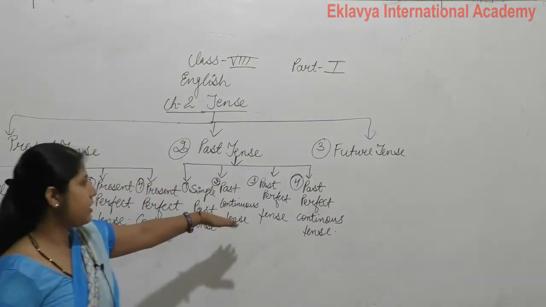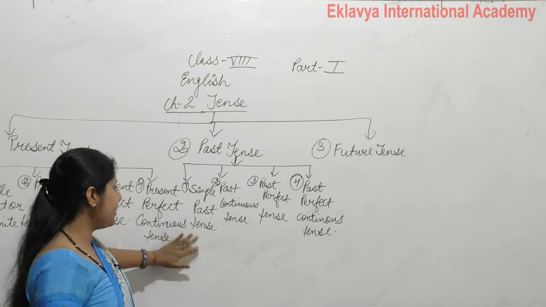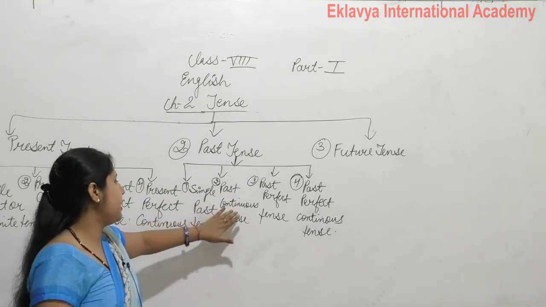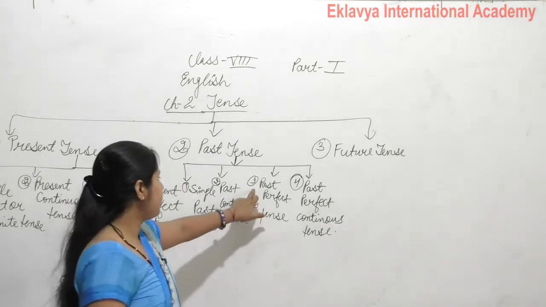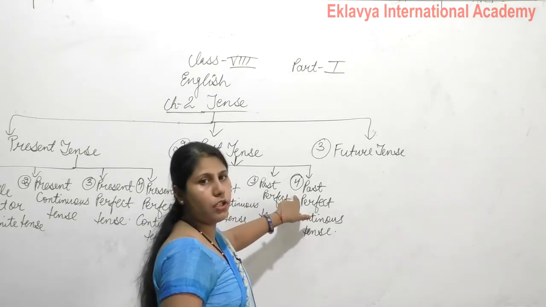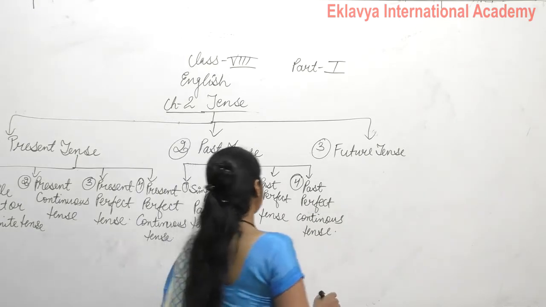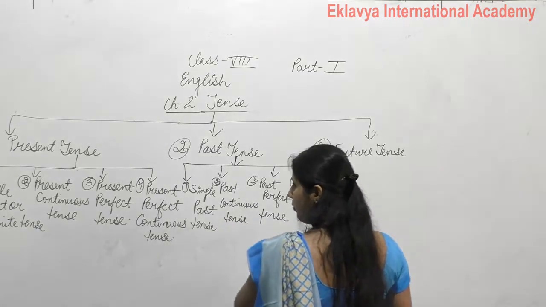So past tense is also divided into four parts. First is simple past tense, second is past continuous tense, third is past perfect tense, and last one is our past perfect continuous tense.